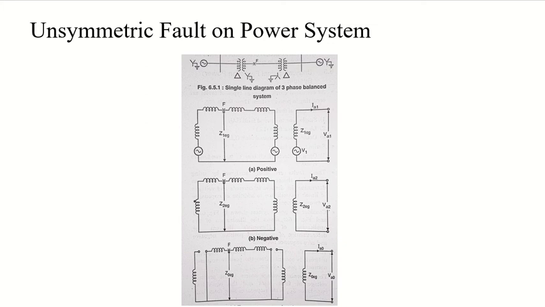All three of them were for a synchronous generator, and today we are going to see the same thing, single line to ground fault, line to line fault, and double line to ground fault, for my power system.